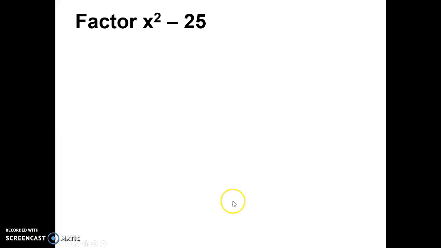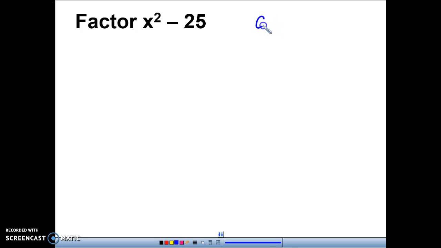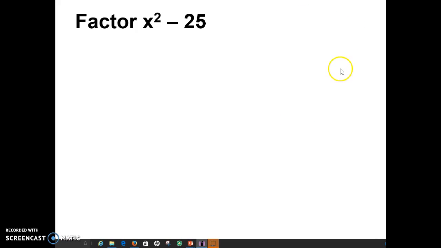This one looks different. Remember our basic form for all quadratics is ax squared plus bx plus c, our standard form. We're missing the linear term here. Something's different about this one. I have only two terms. I'm taking the difference of those two terms.